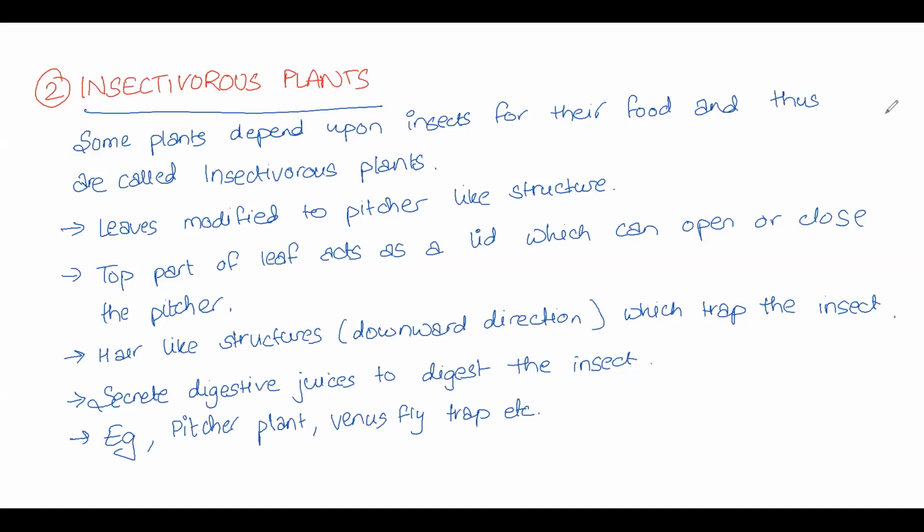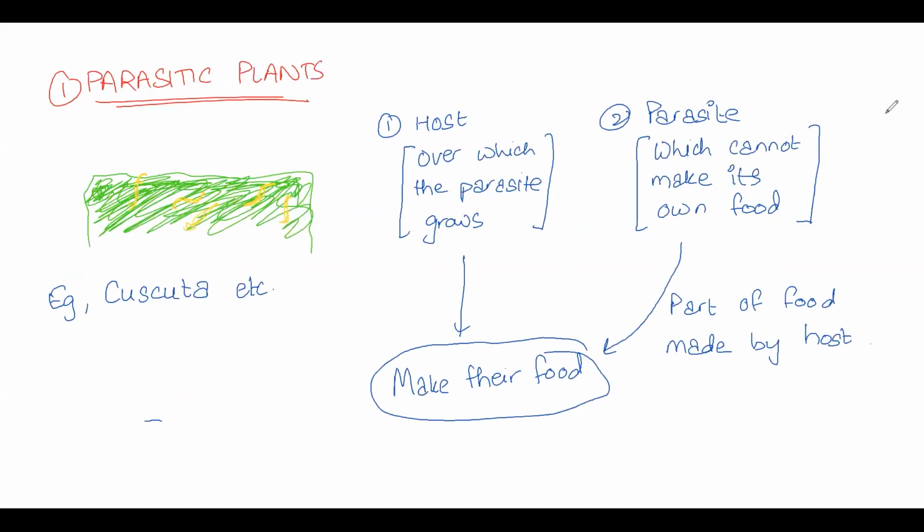We discussed both of them in detail. I would like you all to first go through the parasitic plants that we discussed. I'll give you 30 seconds. You go through both of them and then I will be showing you images for both. Please go through them once. In the meantime, I'll get images for you.